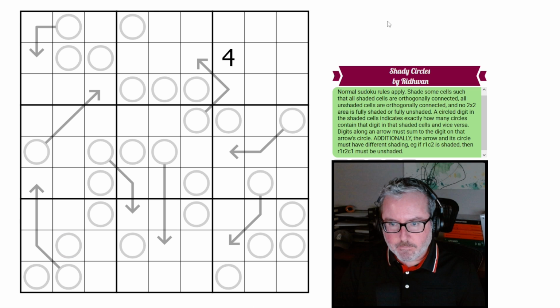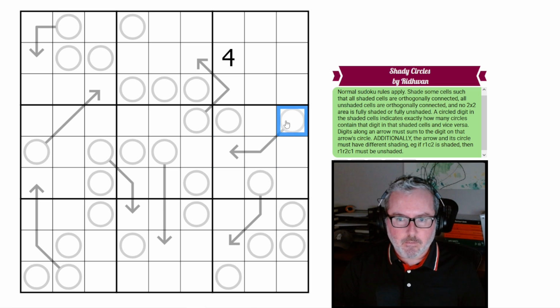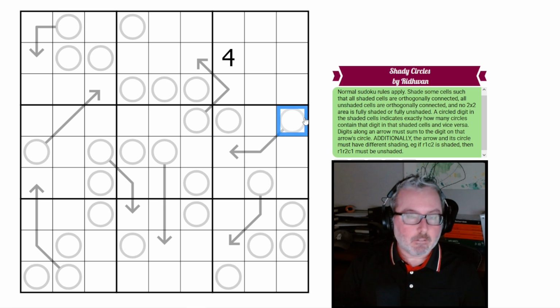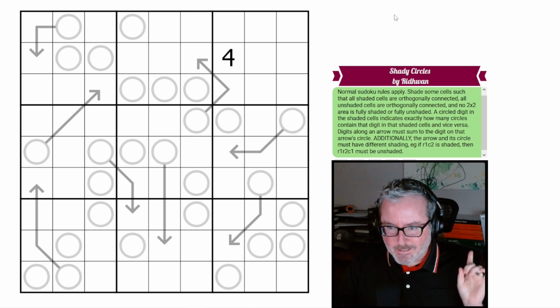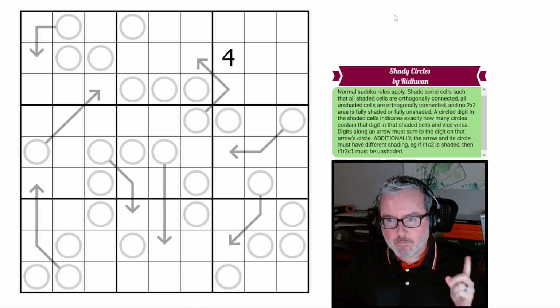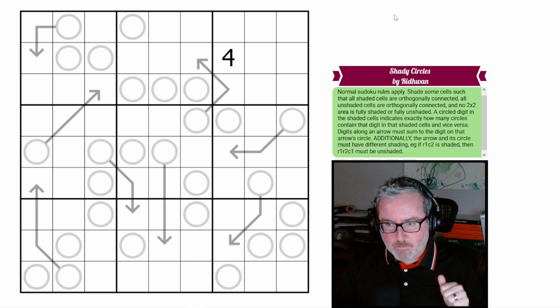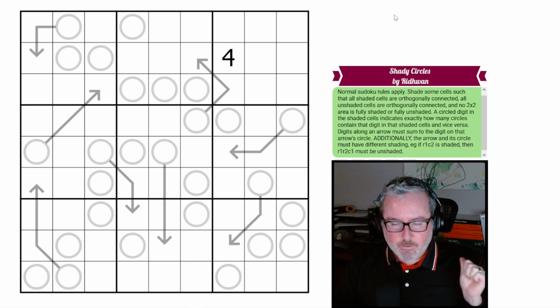Then we have digits along an arrow must sum to that digit on that arrow's circle. Having talking problems apparently today. But these two digits here, when you add them up, they will add up to whatever this value is. That's the same on all of these arrows. Additionally, and this is highlighted, so it must be very important, the arrow and its circle must have different shading.